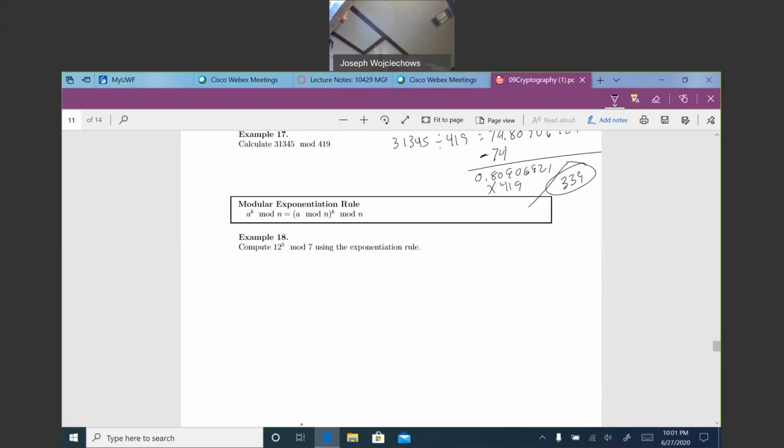So the next thing we're looking at is using the exponential rule. It says if we have a to the b power mod n, it's the same as saying a mod n to the b power mod n. So let's look at what we got here. We got 12 to the 5th mod 7. So in this case, a is 12, b is 5, and n is 7.